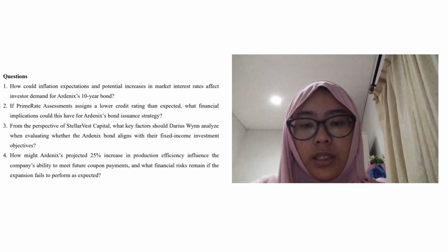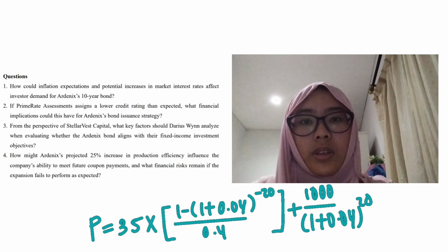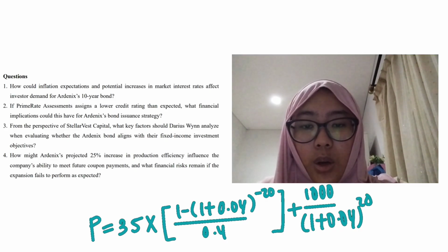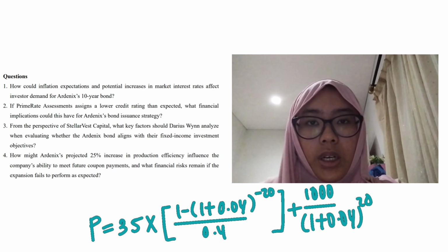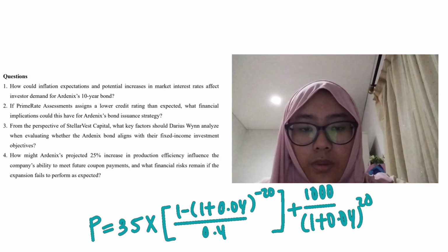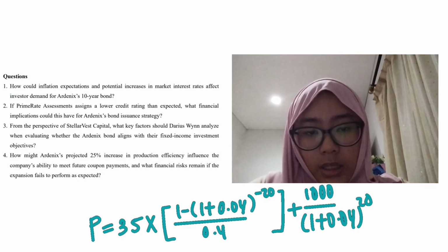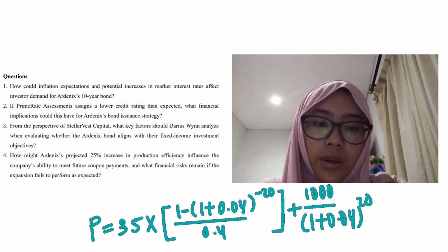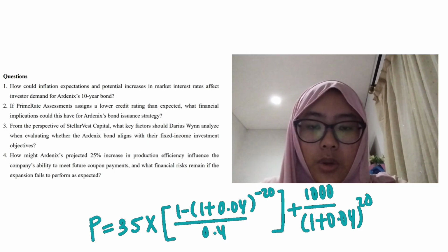In this case it's basically P equals 35 multiplied by (1 minus (1 plus 0.04) to the power of minus 20) divided by 0.04, and then added with a grand divided by (1 plus 0.04) to the power of 20.